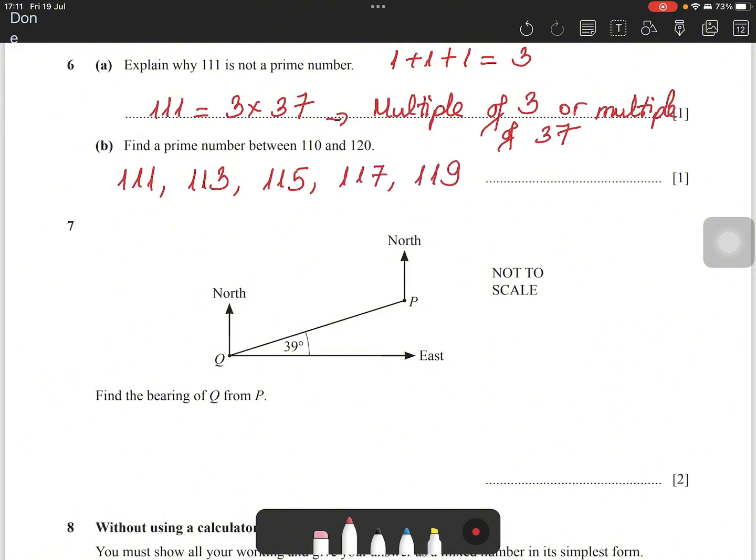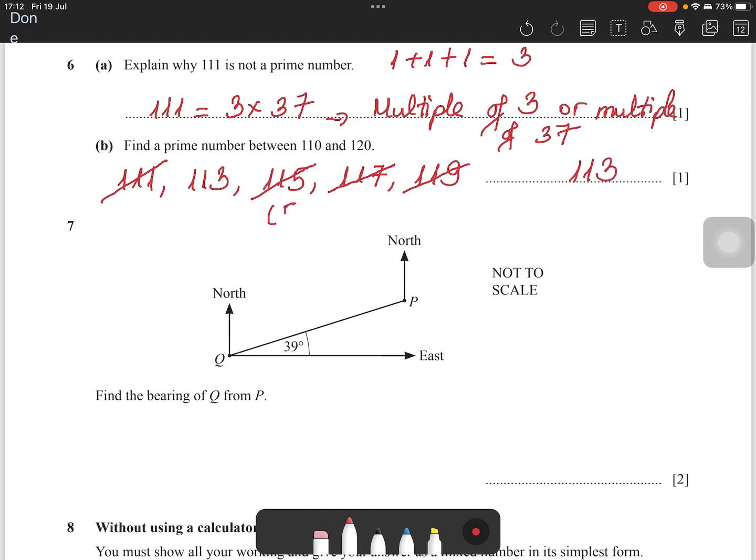From question A, we know that 111 is not a prime number. 115 is not a prime number because it is divisible by 5. 117, the sum of the digits is 9, so it is divisible by 9. 119 is divisible by 7, so it's not a prime number. Then the only prime number is 113.